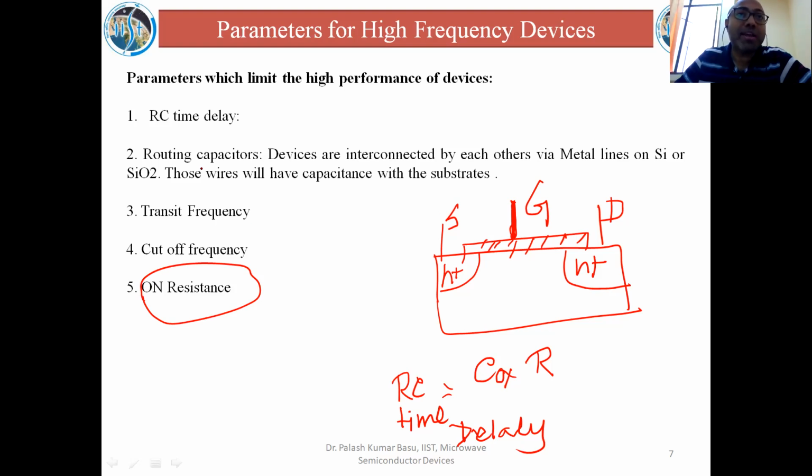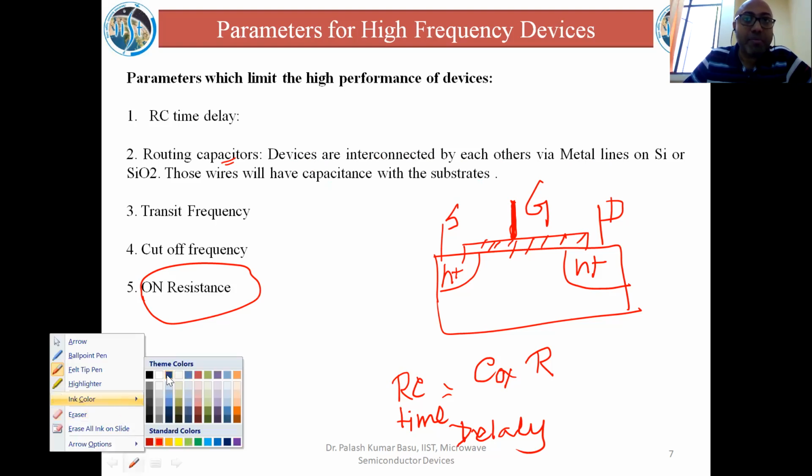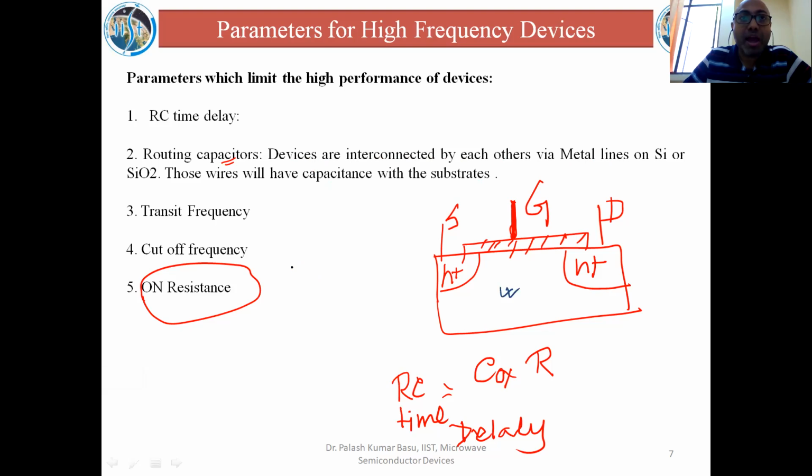There are a few more things, like routing capacitance. What I'm telling you is that devices are interconnected by metal lines on silicon or silicon dioxide. These wires will have a capacitance with the substrate. Suppose you have one transistor over here and another transistor over here.